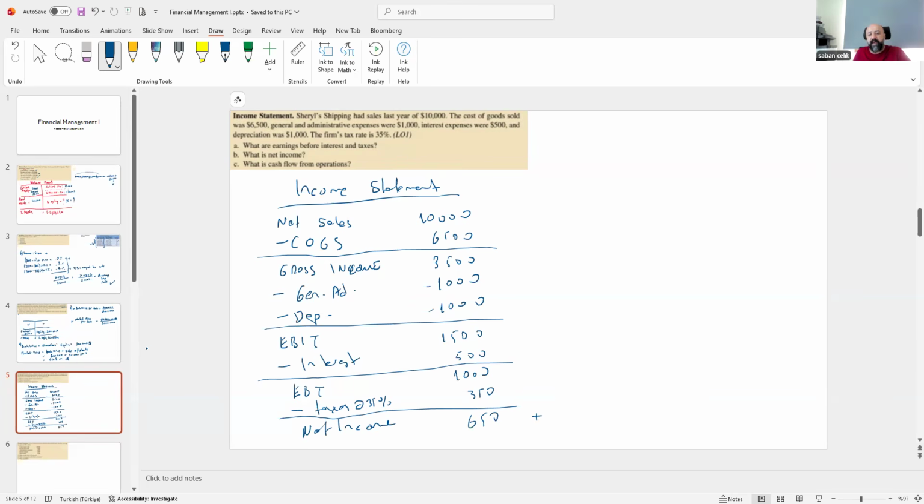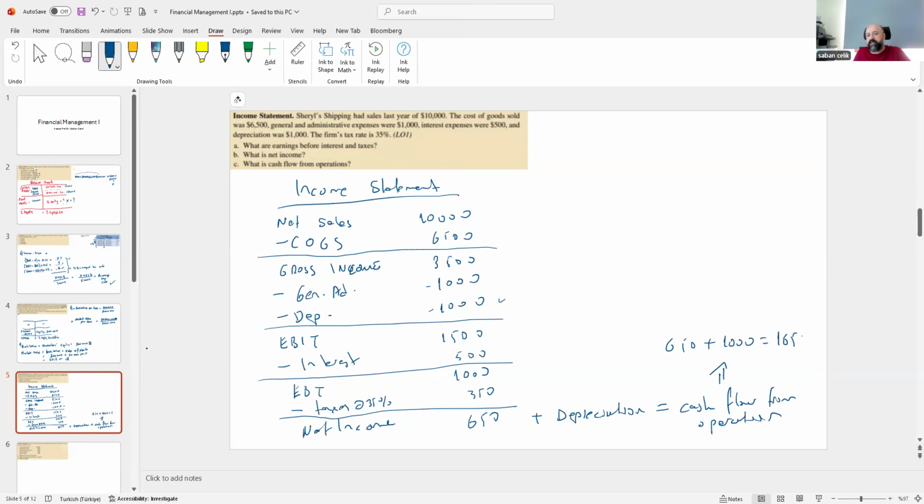And if I add depreciation, which is not a cash outflow, this is going to be equal to cash flow from operations. That means it's going to be 650 plus depreciation, which is here 1,000.